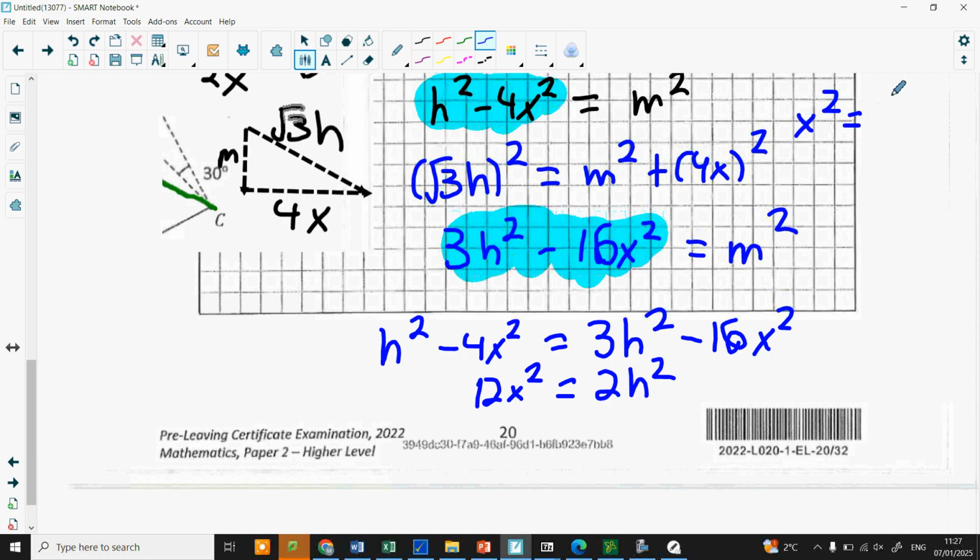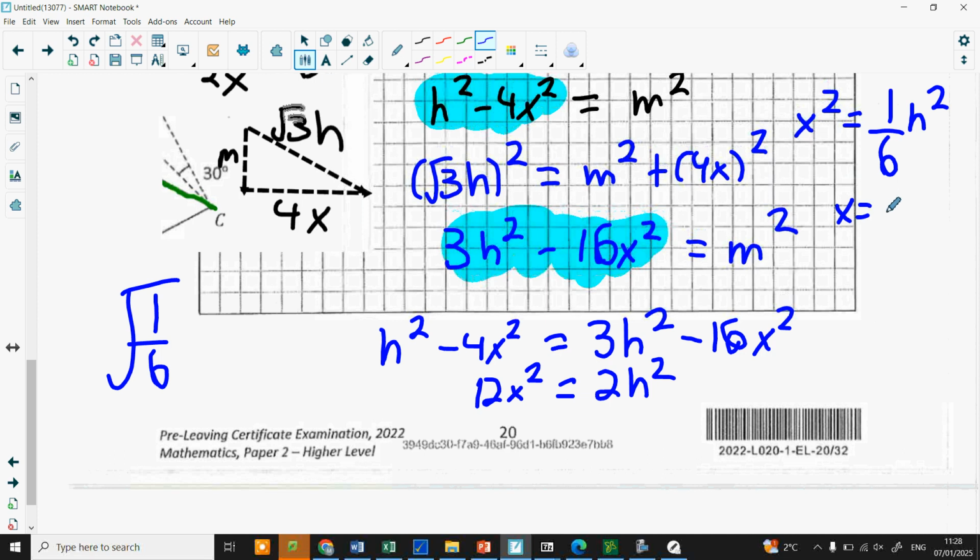I'm going to find out that x squared equals 1/6 h squared, yeah? Square root both sides, and then what's the square root of 1/6 for me? I think it's just 1 over root 6, is it?